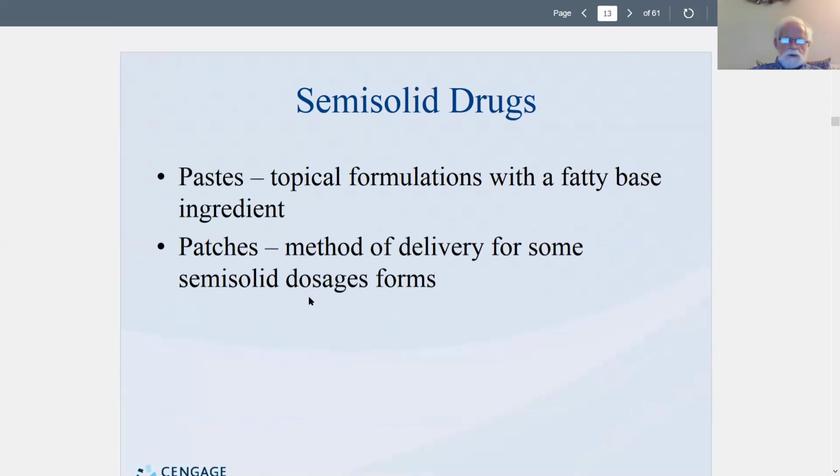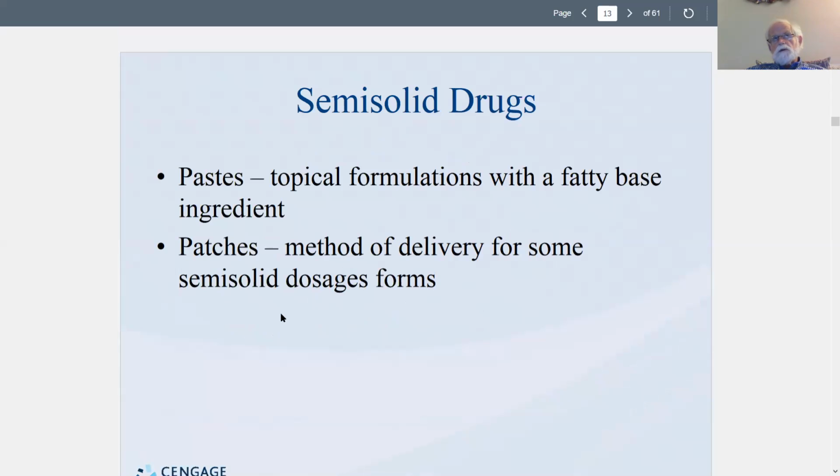Pastes and patches, okay. Pastes, again, are topical and often have some form of fatty material that's used to take a drug across the skin barrier. Patches are something we've seen a lot of.